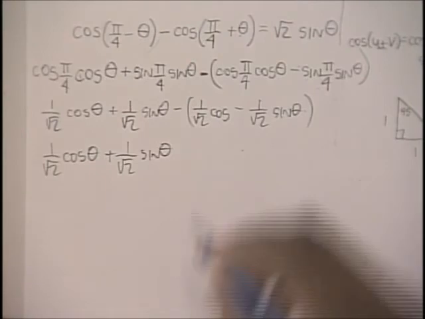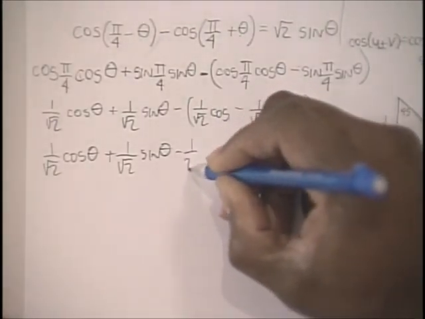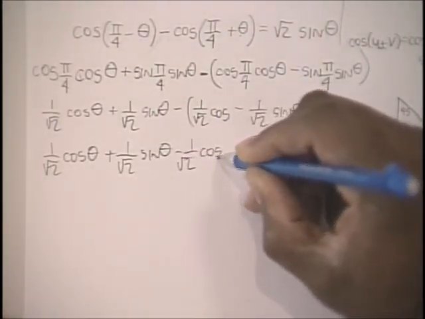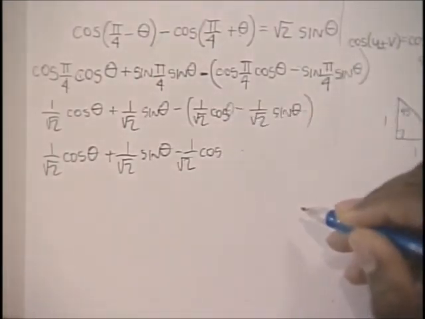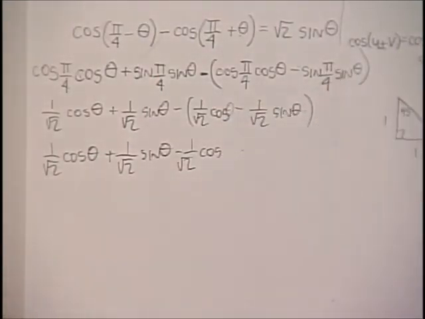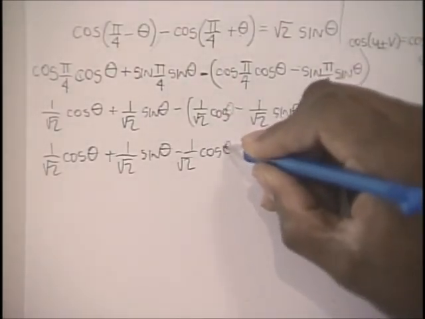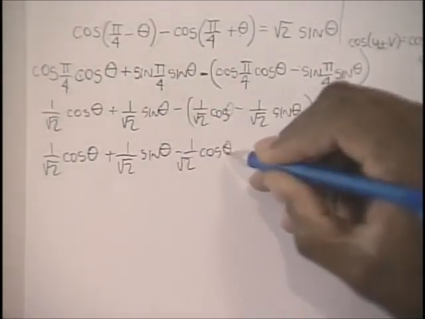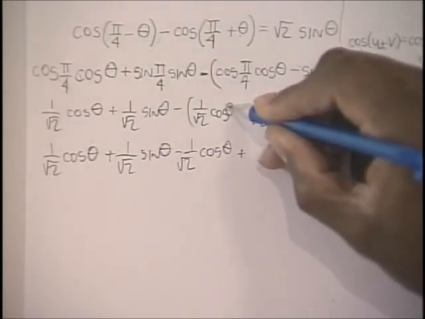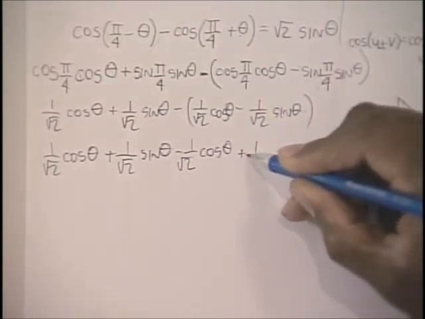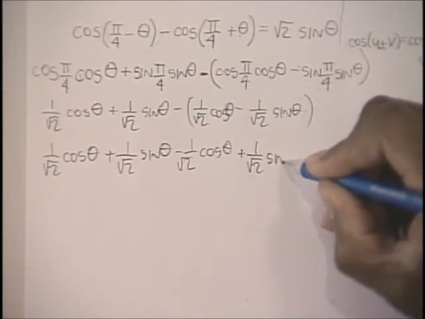Then you distribute the negative. You get minus 1 over radical 2 cosine theta. Sorry, I didn't put the theta there. Plus 1 over radical 2 sine theta.